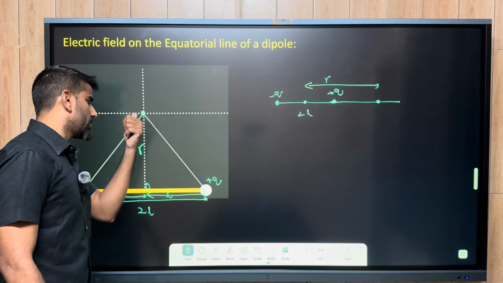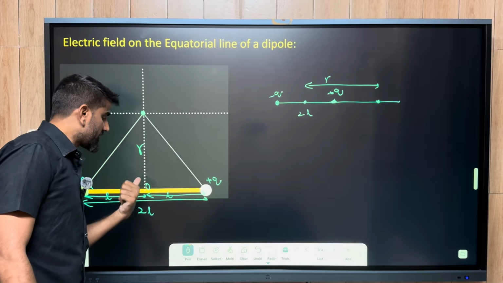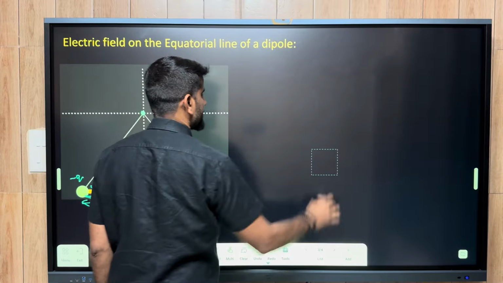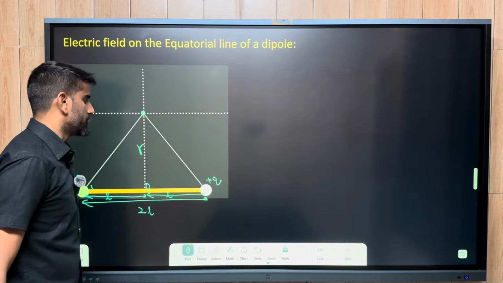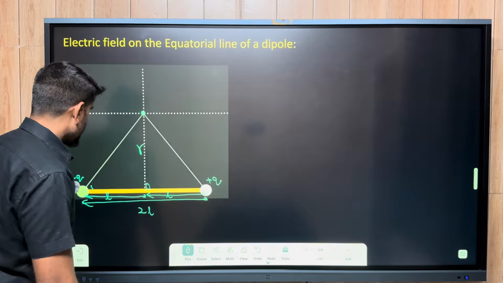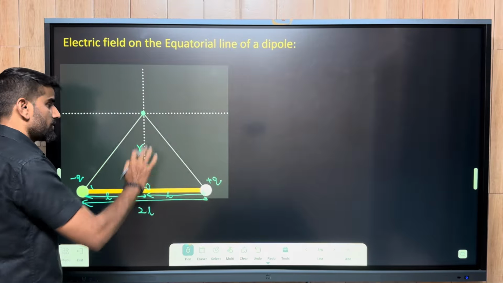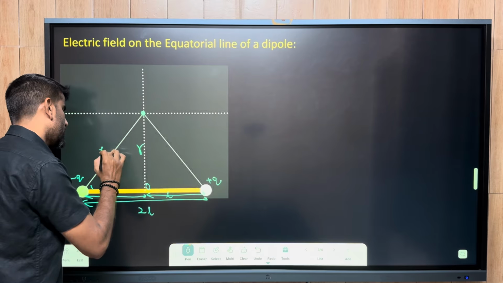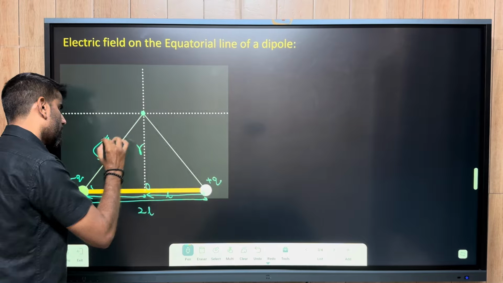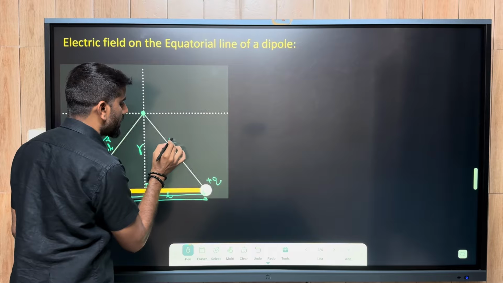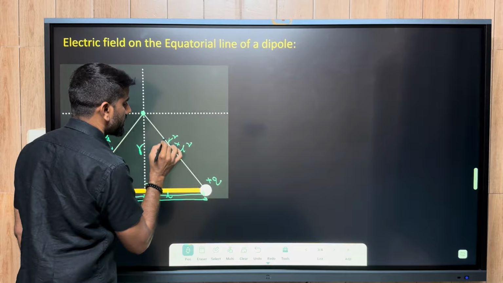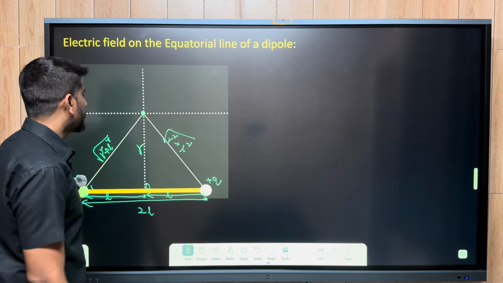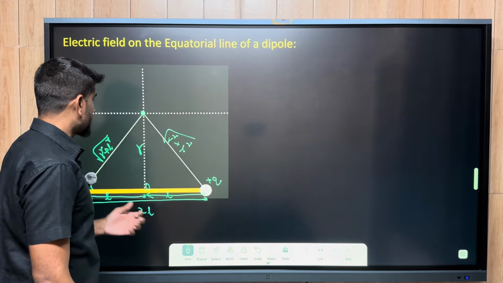Similarly, we have taken the distance to the point from the center of the dipole as r. Now, when you look at this right angle triangle, what will be this distance? It is the square root of r square plus l square. Now this also will be the square root of r square plus l square. Am I clear? Okay, now let's move on to the next step.